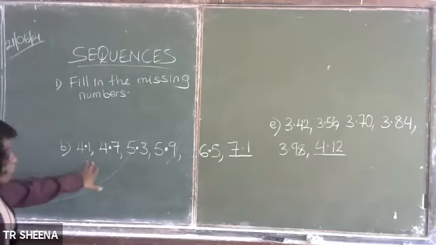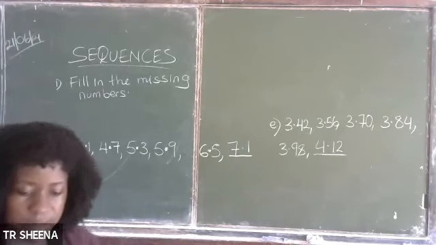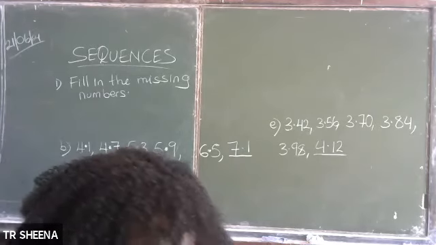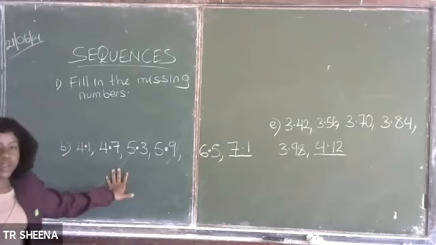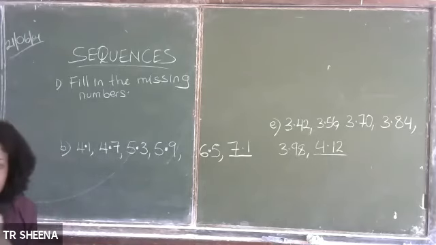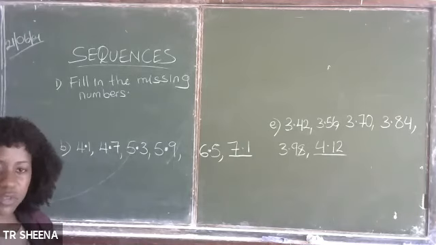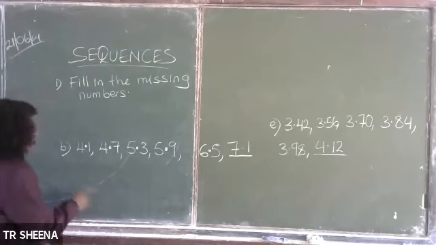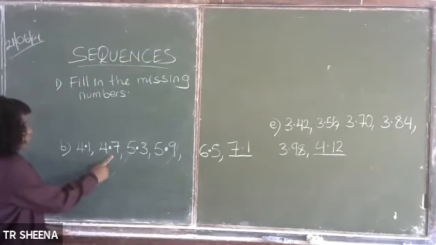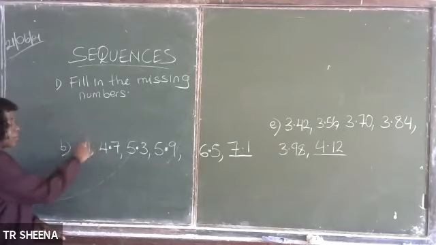So here, when you realize that your sequence is increasing or decreasing, of which in this case it was increasing, then you want to find out what they were adding or what they were multiplying by. So let's first use the addition part. To find out what they were adding, you keep getting the number in front minus the number before.